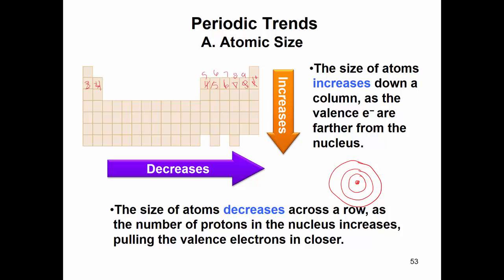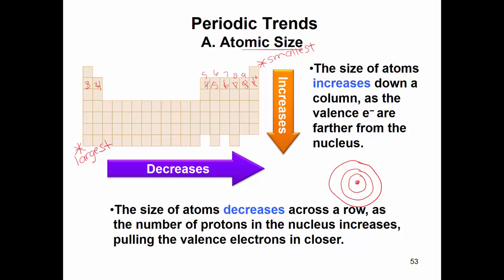Okay, so when I look at the periodic table, you can think of the trend this way, but you can also think of that anything up in the right corner here is going to be the smallest, and anything over here is going to be the largest.